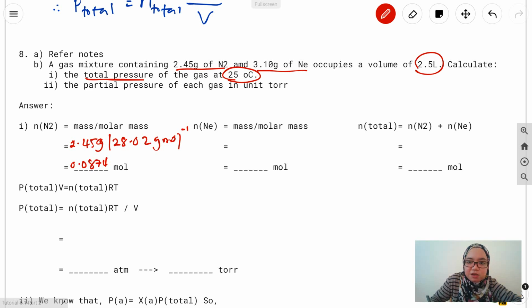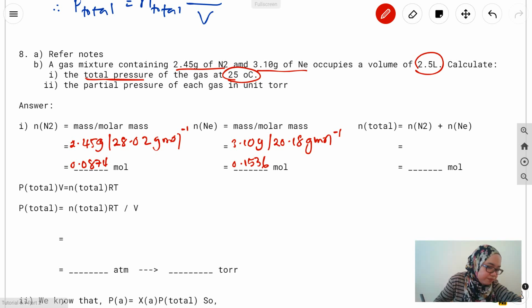Now we want to find the number of moles for neon. The mass of neon given is 3.10 gram. The molar mass for neon is 20.18 gram per mole. So 3.1 divided by 20.18, we get 0.1536 mole.